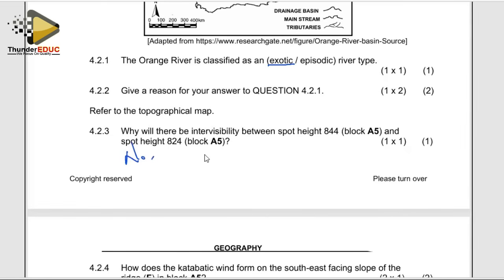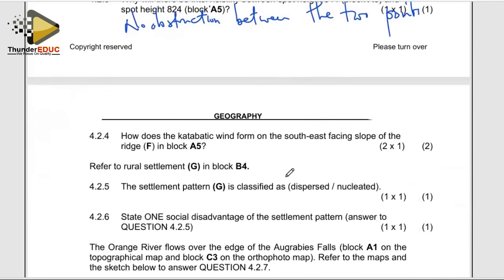There's no obstruction between the 2 points. That's the implication. If there's no obstruction between the 2 points, then it means there's intervisibility.